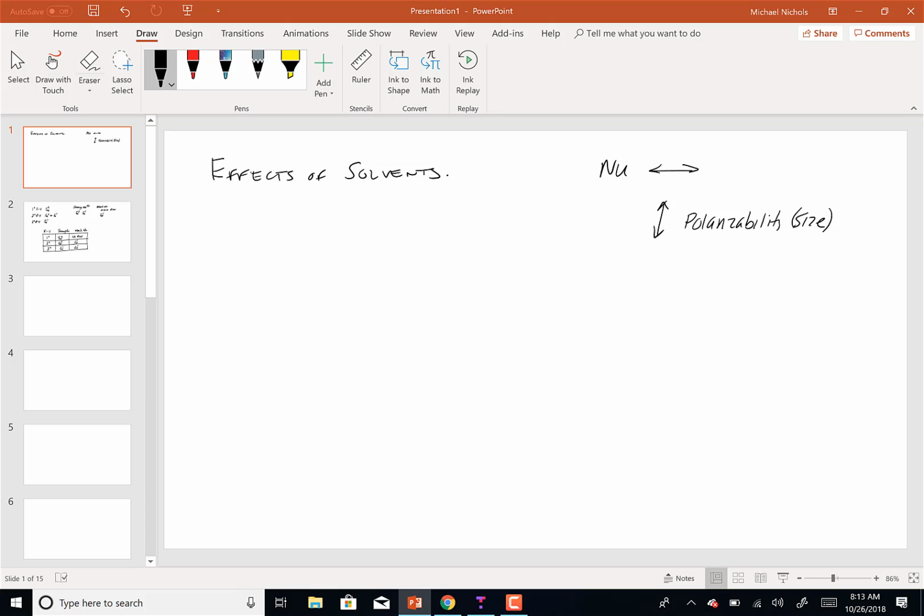And vertically, how does the nucleophile strength go? It increases when you go up or down. Down. So it increases as we go down the periodic table. Okay.